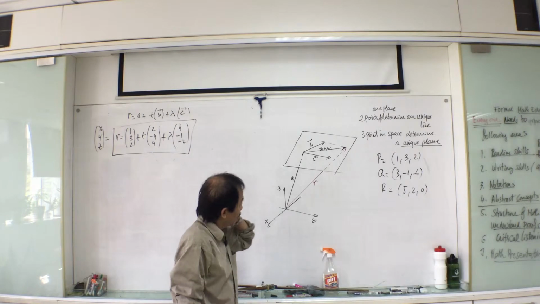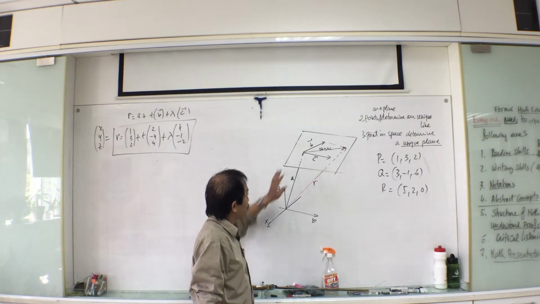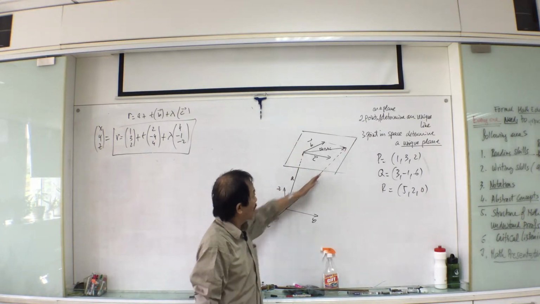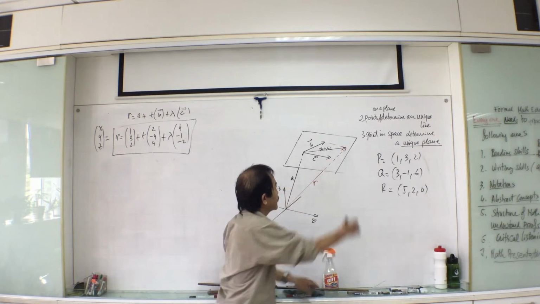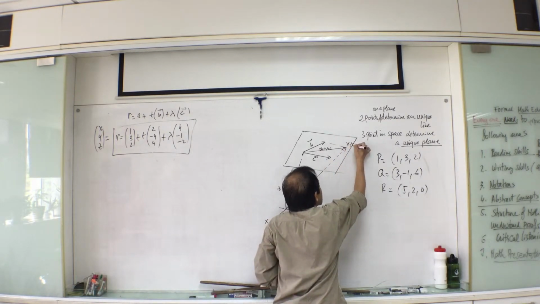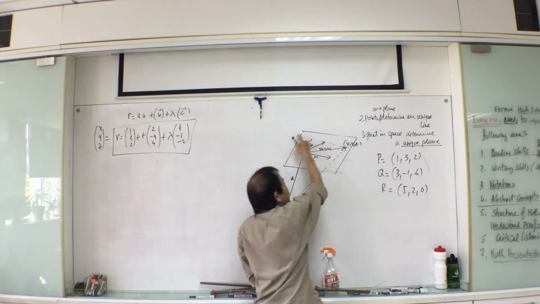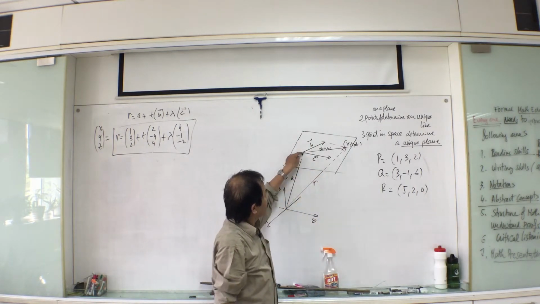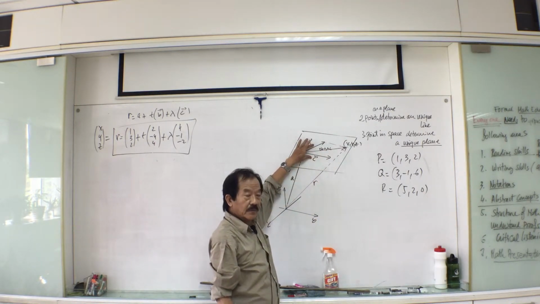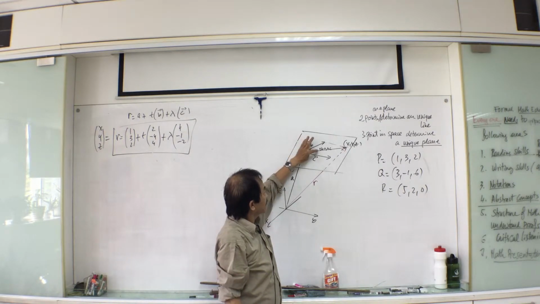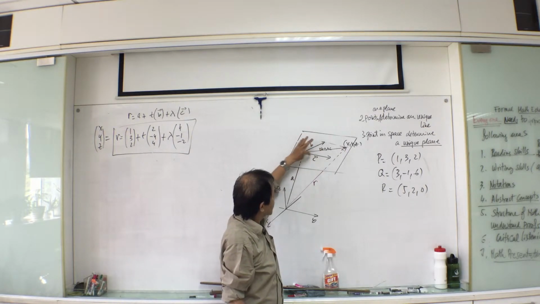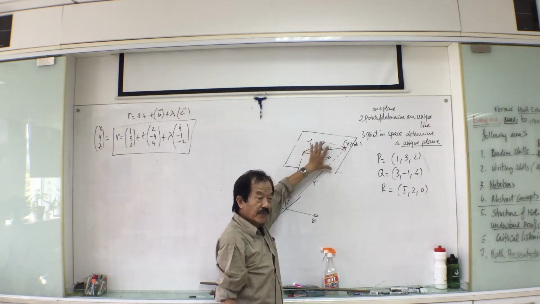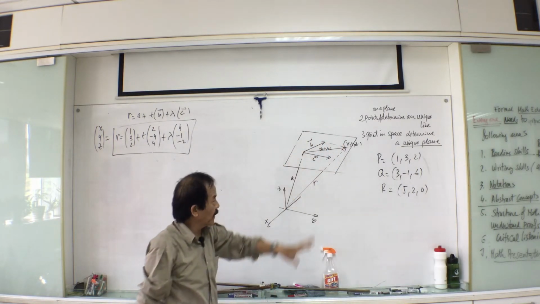Okay, now I'll give you the big picture again. So the plane here is represented by vector R, represented by the point x, y, and z. This means this point can be anywhere, and the vector from here to here is a combination of B and C. Some T times B plus lambda times C, they make a combination of two vectors to get all the points all over the plane.